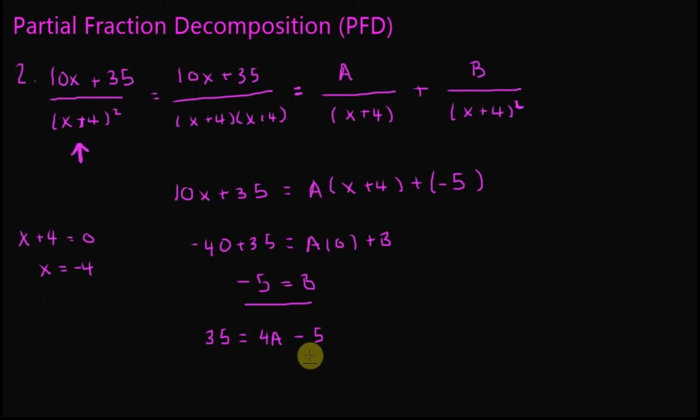If we go ahead and solve for a, then we should get 40 is equal to 4a. Then 10 is equal to a. Finally, we have a and b, and we can come back up here and rewrite our fraction as the sum of its partial fractions. That will give us 10 over x plus 4 plus negative 5 over x plus 4 squared.